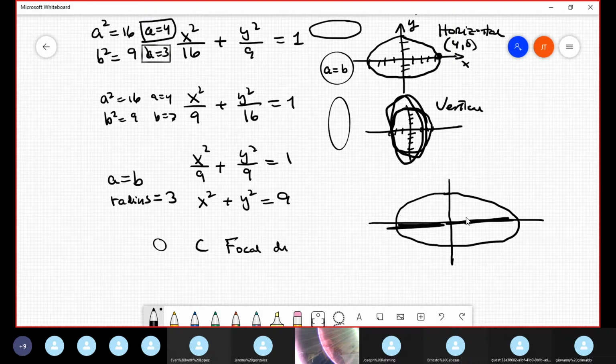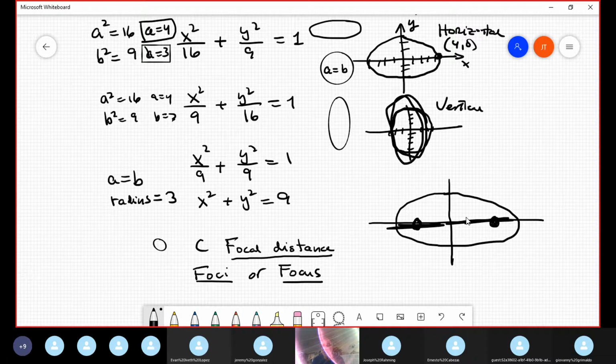This is classical in conic sections. Any conic section has foci, or focus, depending on whether it's singular or plural. We have two foci, and one focus. For the ellipse, specifically, today we're talking about the ellipse, we have two.